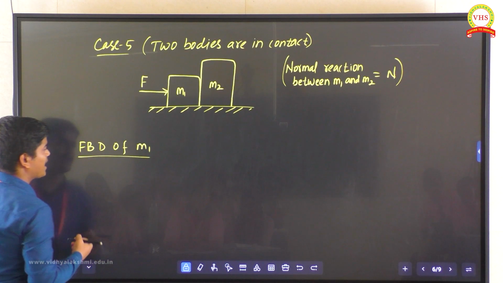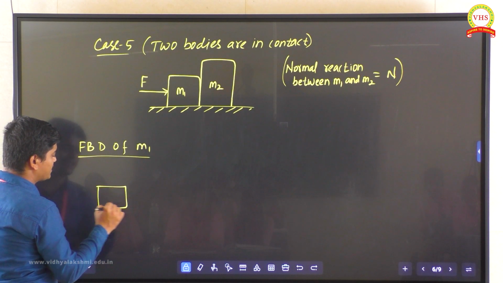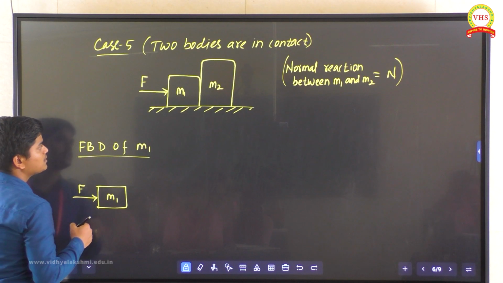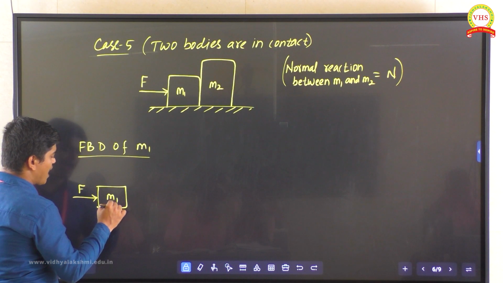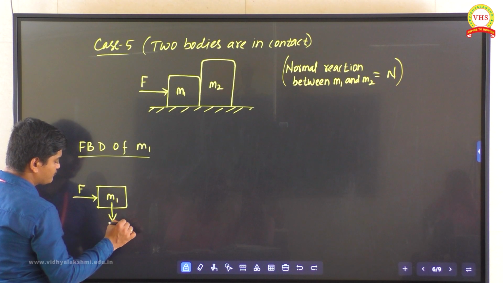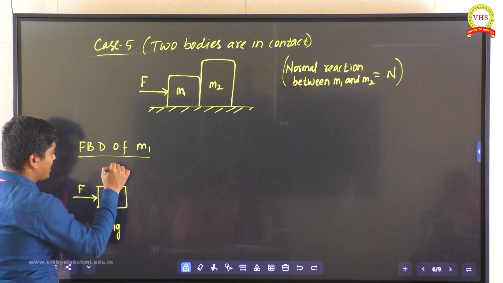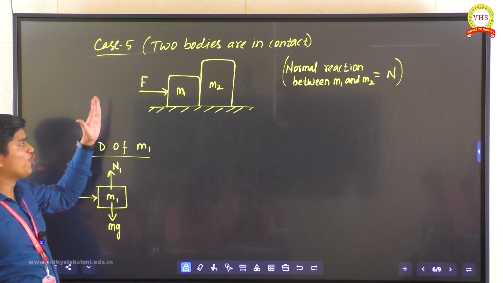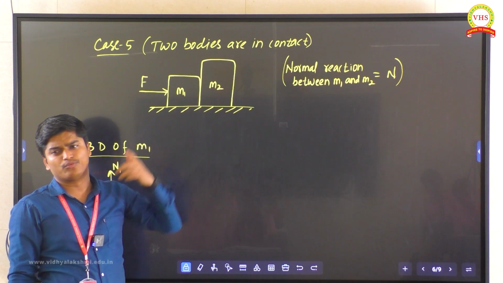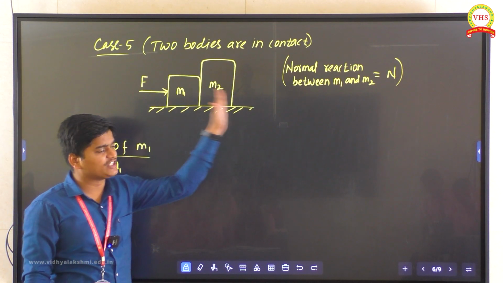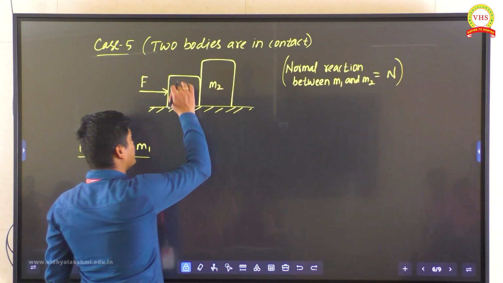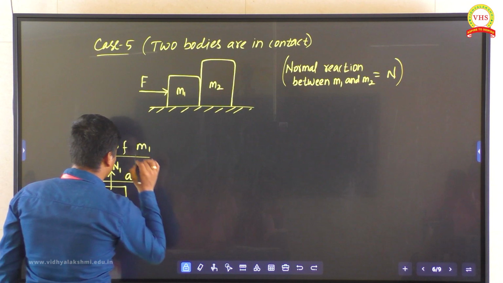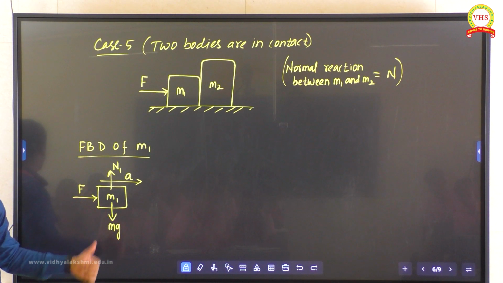From the left side one force is applied, downward is mg, upward is one normal reaction, let's take N1. If you give force in this direction, the object will definitely move in this direction. So on the right side, let's take one acceleration a.